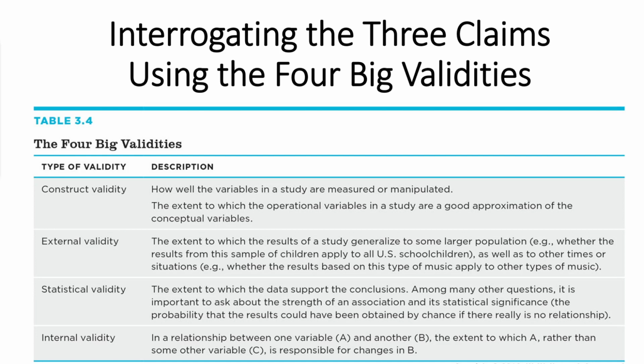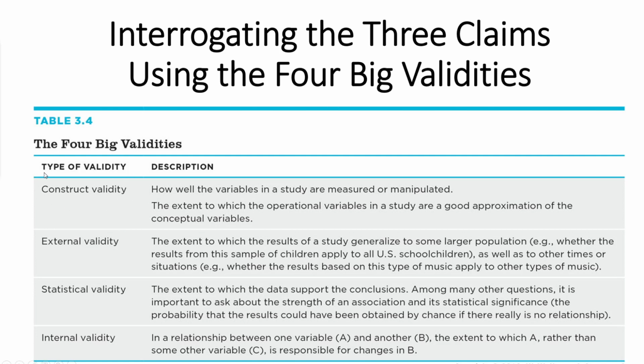Some of these validities, these ways of thinking critically, are going to apply more to some of the claims than others. So we'll break down which validities are most helpful for each of the 3 types of claims. But first, we need to establish what these 4 validities are.